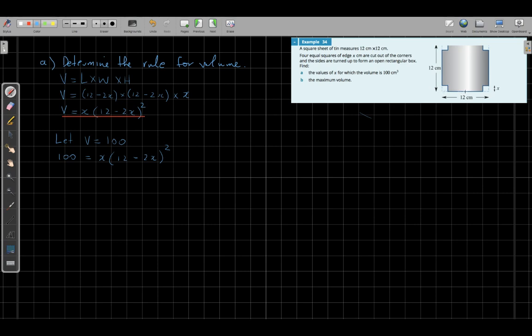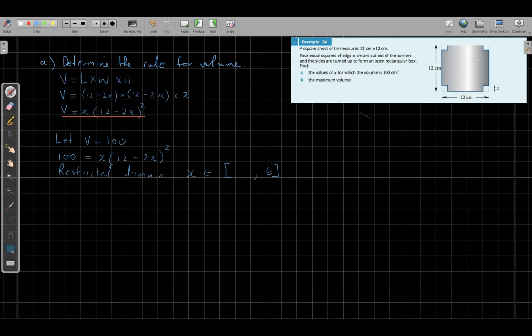So let's jot that down. So restricted domain: x such that it's going to go up to 6. And the other end, the value of x where we wouldn't have a box would be if I didn't cut anything out at all.